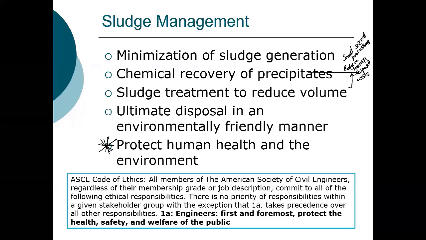For engineers, first and foremost, their responsibility is to protect the health, safety, and welfare of the public. So as you mentioned, with many of these sludges, we're dealing with chemicals or the potential production of chemicals that are explosive. So we also need to protect the workers and the community that's surrounding the plant.